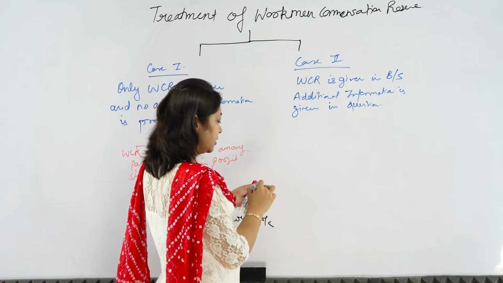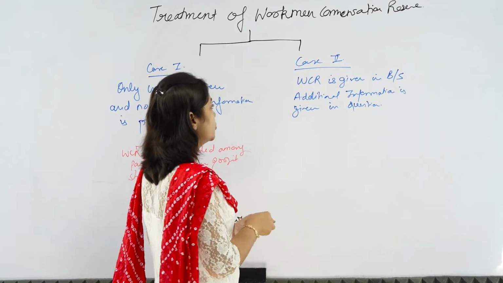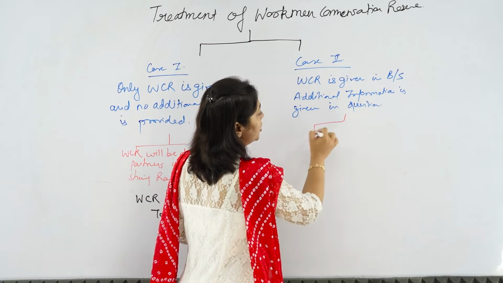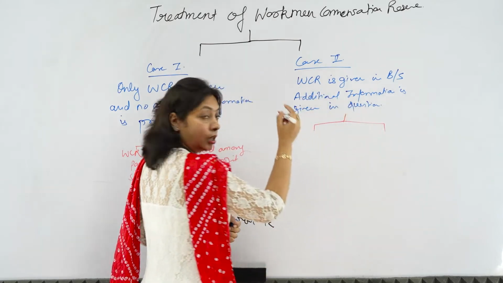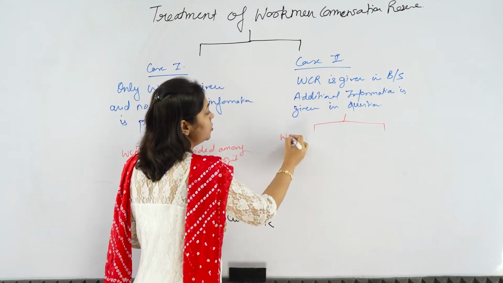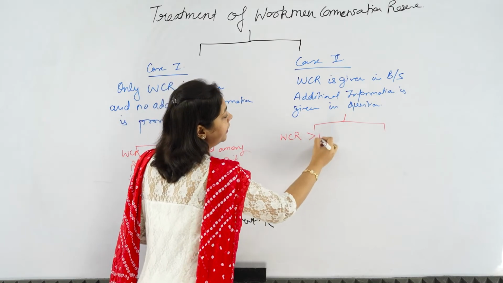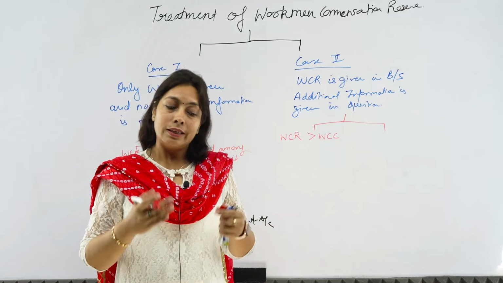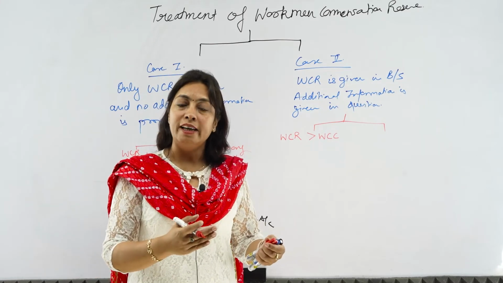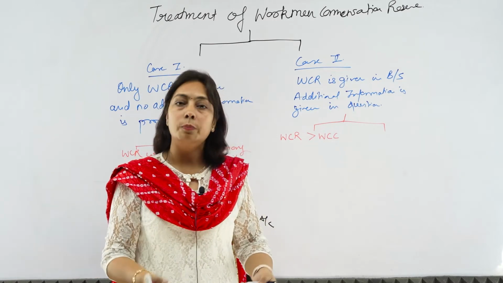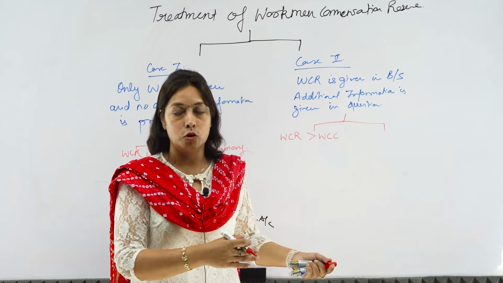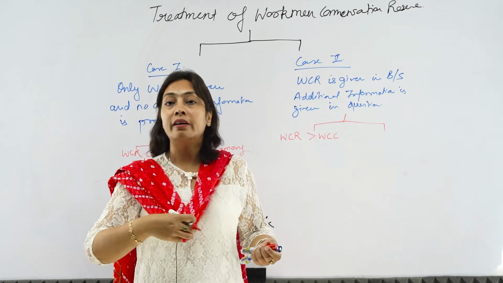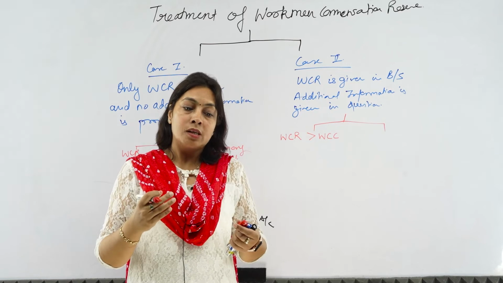Now if it is given to you, there are two kinds of information which will be given to you. The first case is WCR is greater than workmen compensation claim. They will tell you that the firm has to provide for workmen compensation claim also, but in the balance sheet you are given the reserve also. You all know that we prepare a reserve just to provide for some kind of liability.